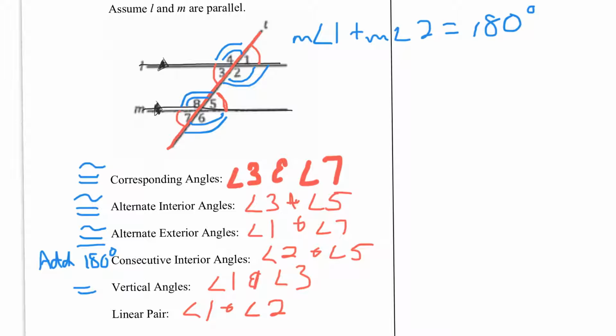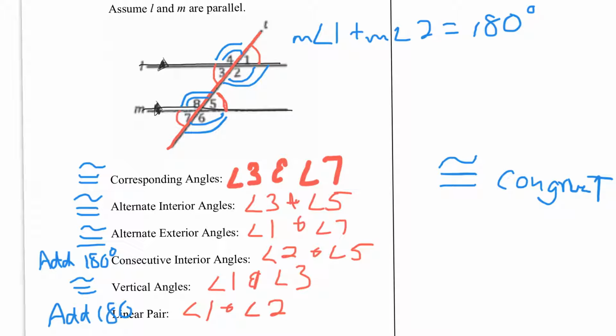Vertical angles are always congruent, and linear pair always adds to get 180. Just a reminder, this symbol here is congruent. It's an equal sign with the squiggly on top. That means congruent, which means same size and same shape is what that means.